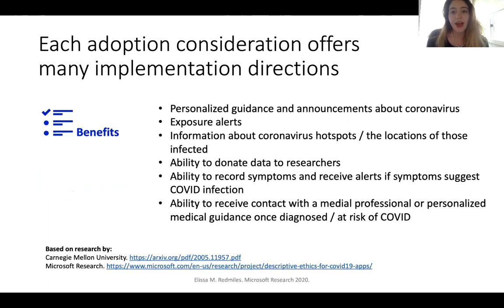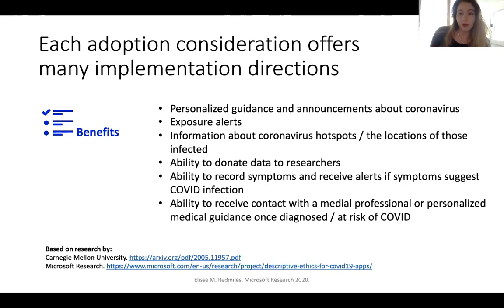And each of these adoption considerations offers many implementation directions, right? So I mentioned benefits briefly. Apps could have many possible benefits, and many research projects have looked at these. The EU Toolbox has tried to summarize them. People can get personalized guidance. They can get information about hotspots, maybe not through the Google Apple protocol, but it's something they might desire.